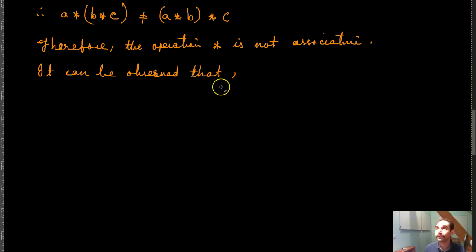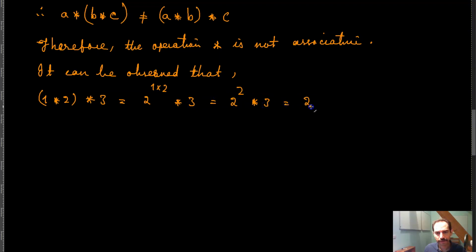1 star 2 star 3 is the same thing as 2 raised to the power 1 times 2 star 3, which is the same thing as 2 raised to the power 2 star 3, which is 2 raised to the power the product of these numbers. So 2 raised to the power 2 times 3, which is 4 times 3, is equal to 2 raised to the power 12.